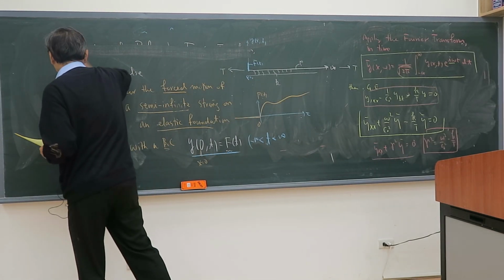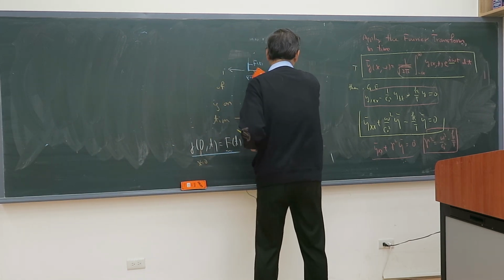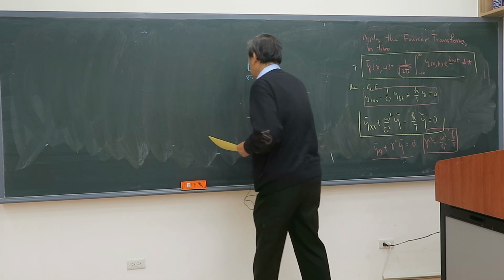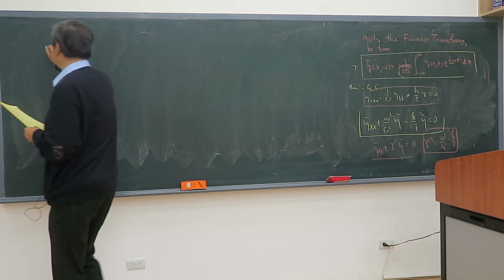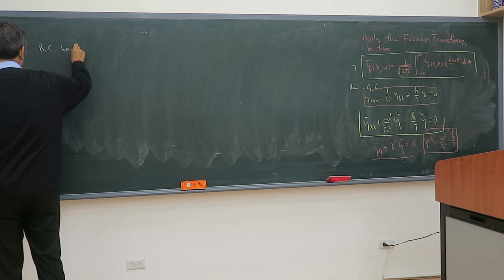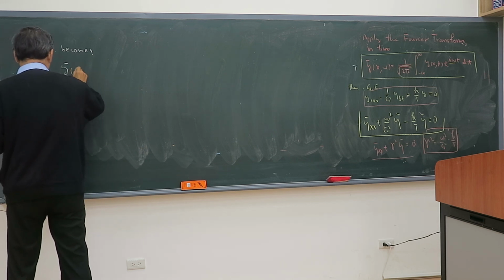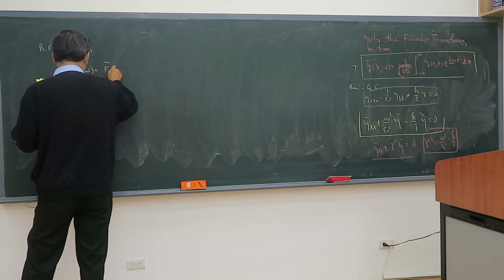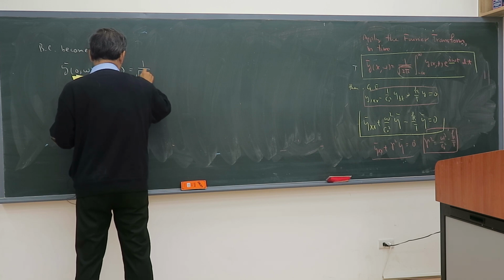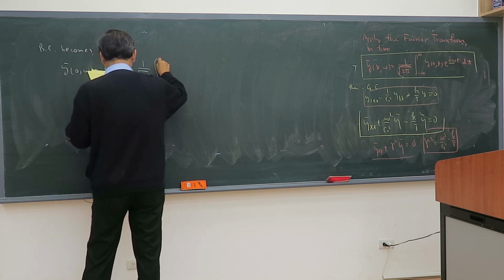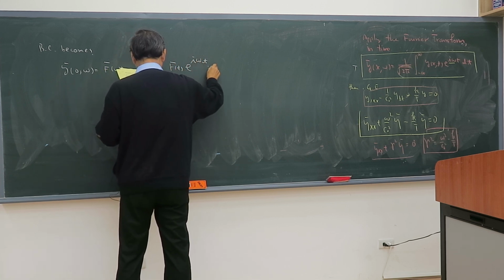So my boundary condition becomes y bar(0, omega) equal to f bar(omega), which is 1 over square root of 2 pi, the integration of f(t) with the transform formula exponential i omega t dt.